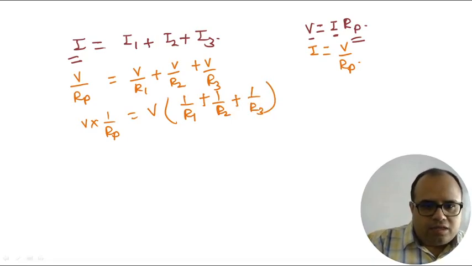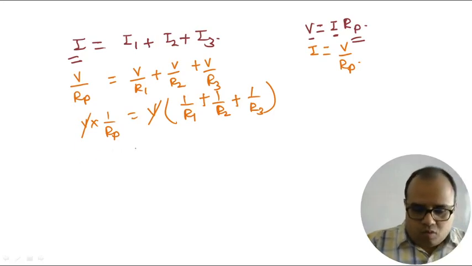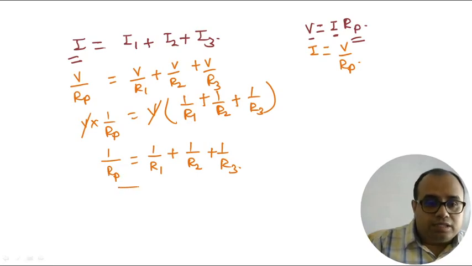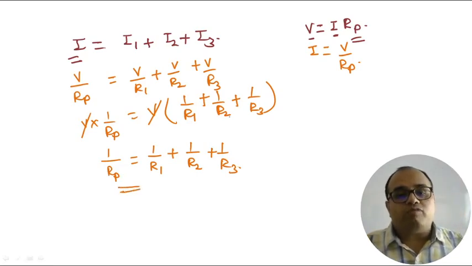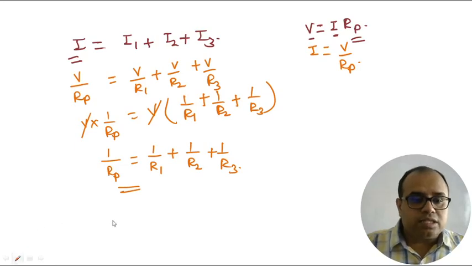Then V and V cancel, so we get 1 upon Rp is equal to 1 upon R1 plus 1 upon R2 plus 1 upon R3, and this is the expression for the resultant resistance of parallel combination of resistors.